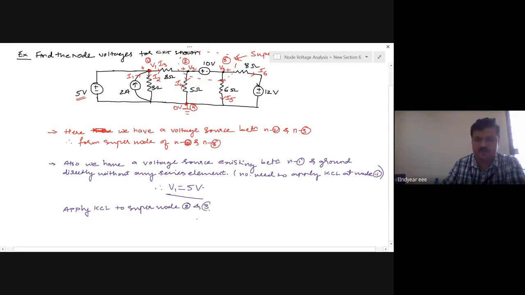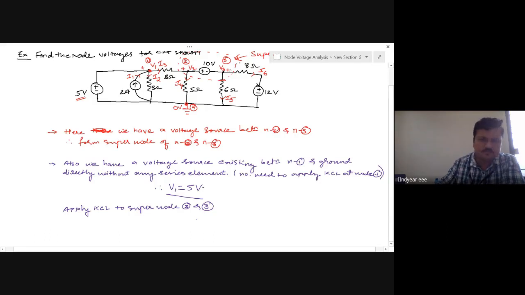Now we have to apply KCL to supernode 2 and 3 simultaneously. So the node 2 equation and node 3 equation are combined in one equation, without any current assigned to the 10 volts. That care we have to take. Observe at node 2, current I2 is flowing, current I4 is flowing. At node 3, I6 and I5 are flowing. So there are two currents at node 2, two currents at node 3.